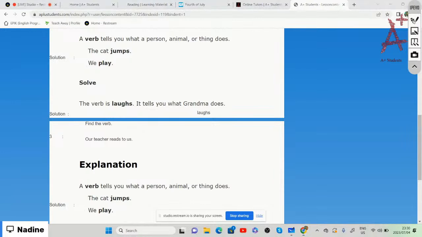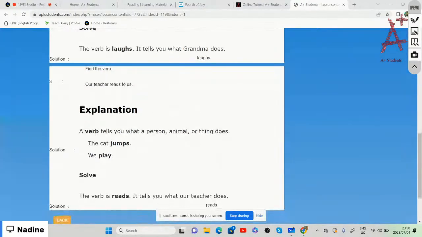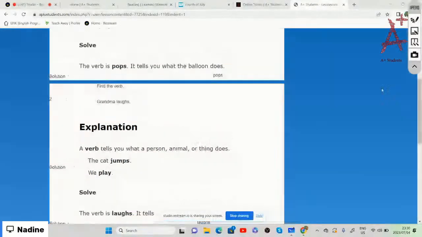All right, so our teacher reads to us. Reading is something that she is doing. So reads is the verb that tells us what our teacher does.